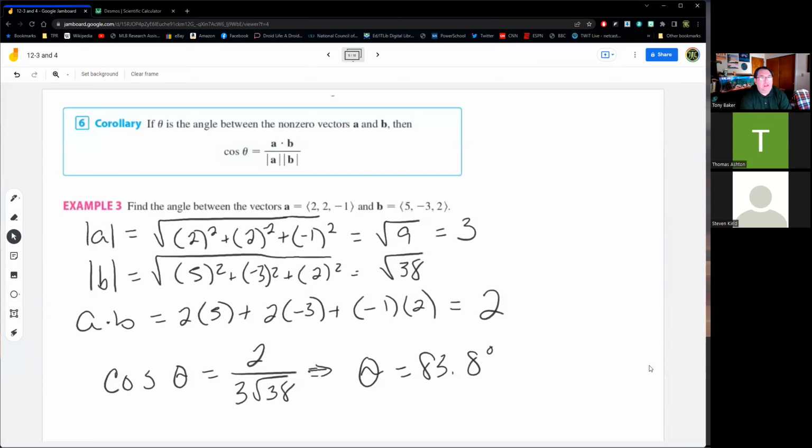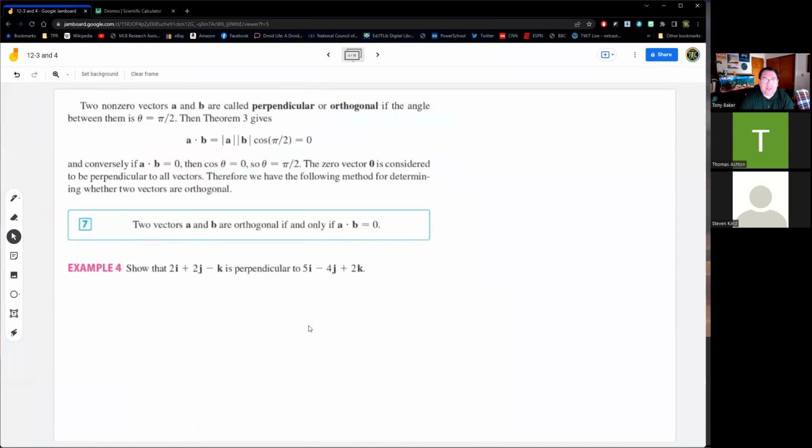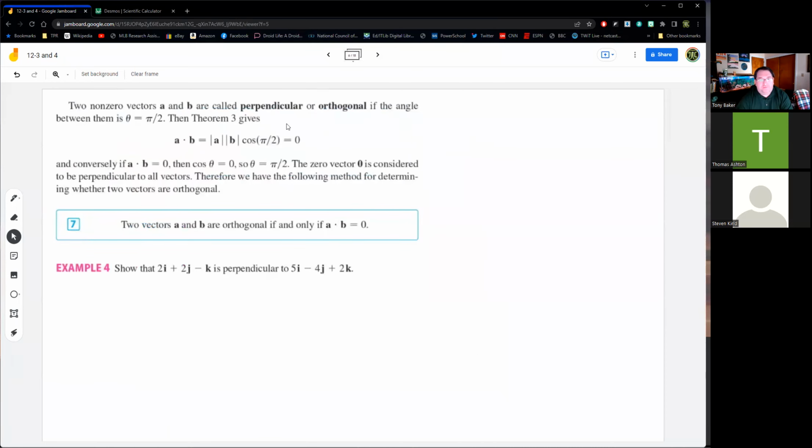One of the things we can use this for is if two vectors are perpendicular, when I'm looking for my dot product, it's going to come out to be 0. And the reason why is if I have cosine of pi over 2, which would mean that the two vectors are perpendicular to each other, cosine of pi over 2 is 0.